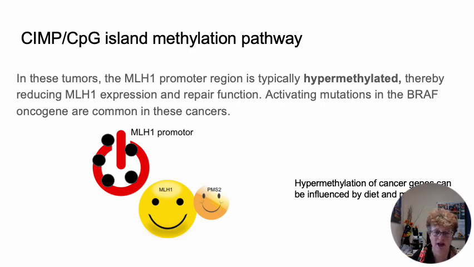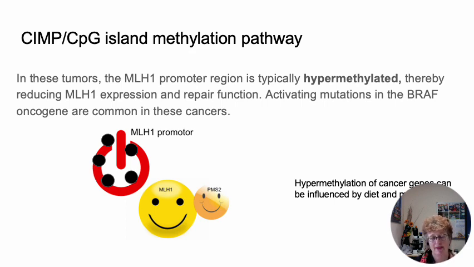We've got this pathway, which is about another 15% of cancers. So in this pathway, what happens is the on-off button that controls the DNA mismatch repair is methylated, these are these black dots, and switched off. So the whole pathway doesn't work. So they then progress through gaining mutations in oncogenes and tumor suppressor genes and developing colon cancer.